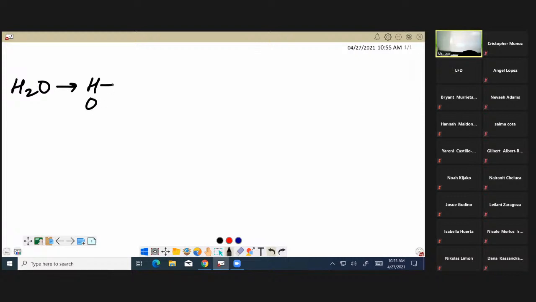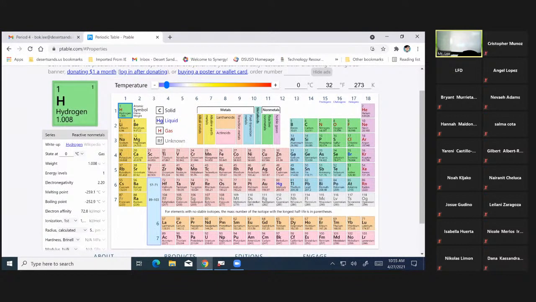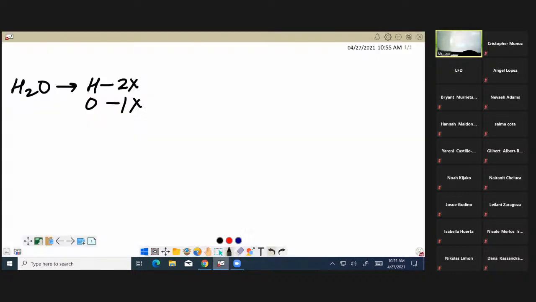For hydrogen, there are 2 of them. For oxygen, there's only 1 of them. Then we just look at what hydrogen is. I already know hydrogen is 1, but let me just show you. Look at hydrogen, it's just 1. Oxygen, round that off to 16. So 2 times 1 is 2, and 1 times 16 is 16.